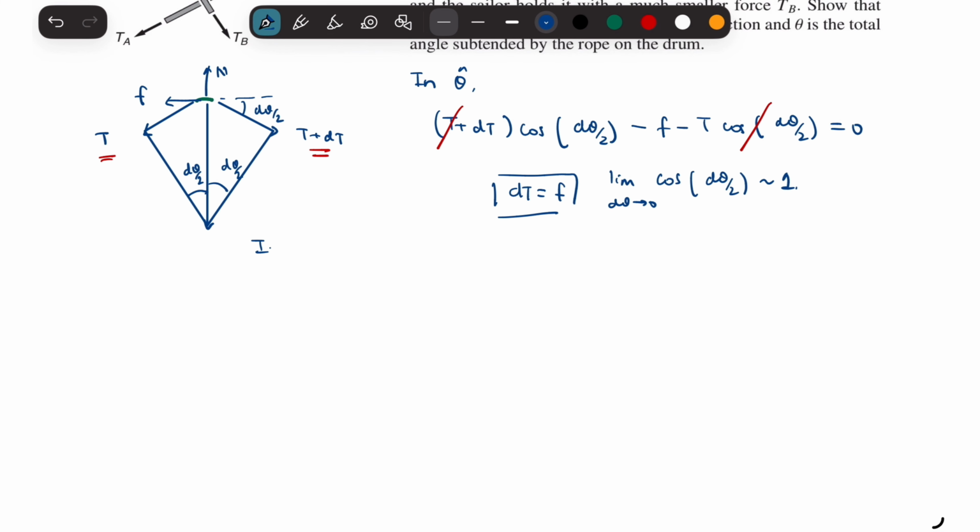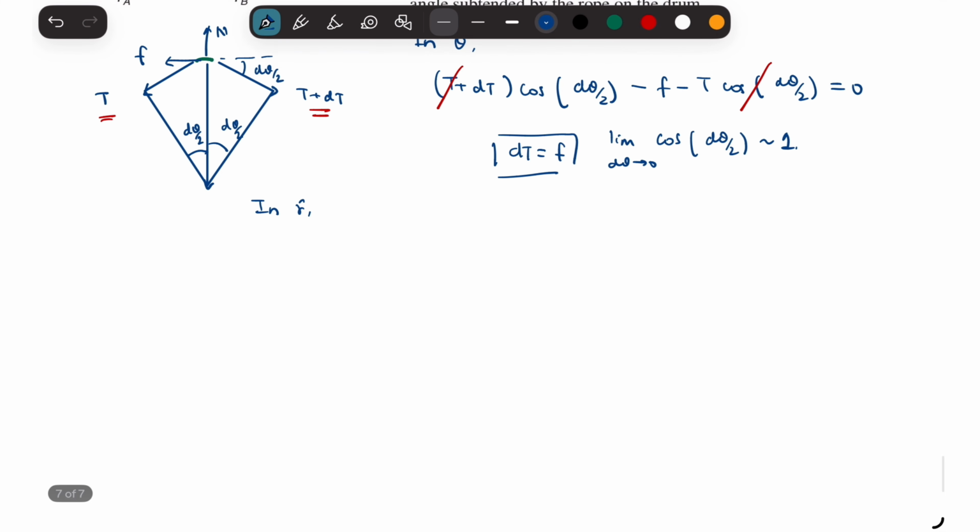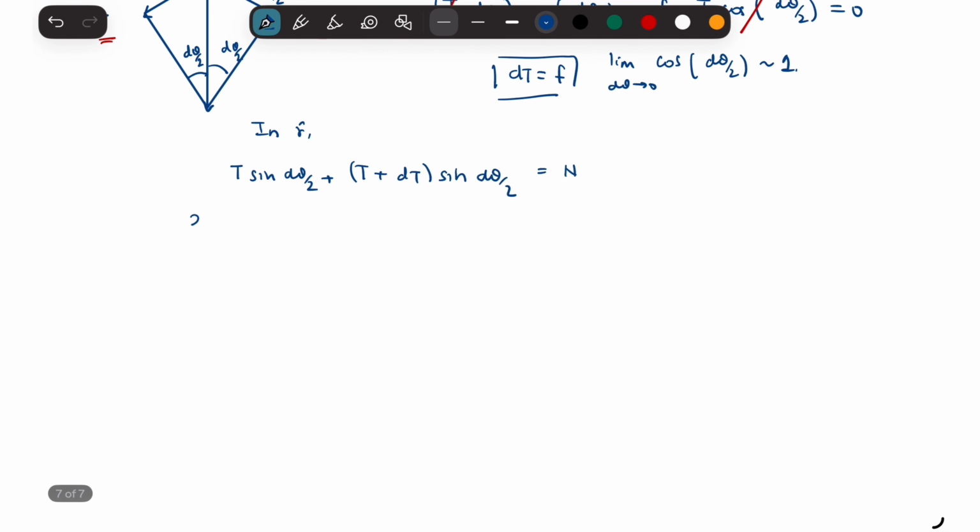Now in the r hat direction, we have T sine d theta by 2 plus (T plus dT) sine d theta by 2 equal to the normal. And this will be 2T sine d theta by 2 plus dT sine d theta by 2 equal to normal.